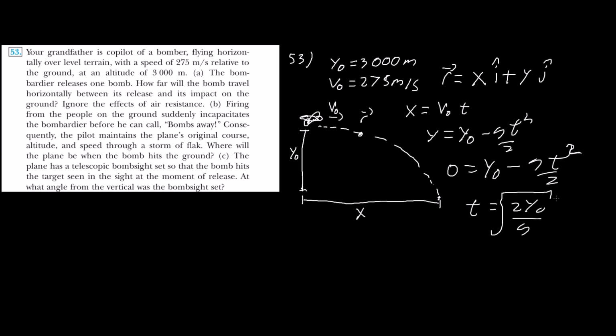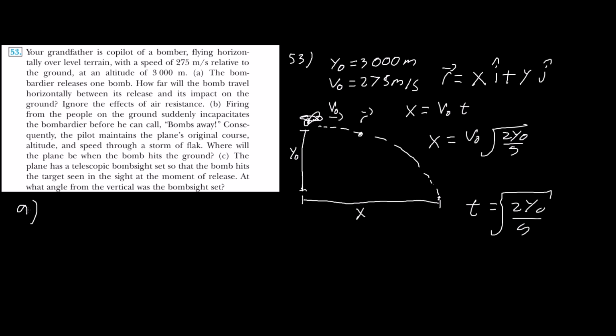And we're going to plug that into this equation. So x is really just v naught times the square root of 2 y naught over g. That is part A, folks. That's all they're asking.